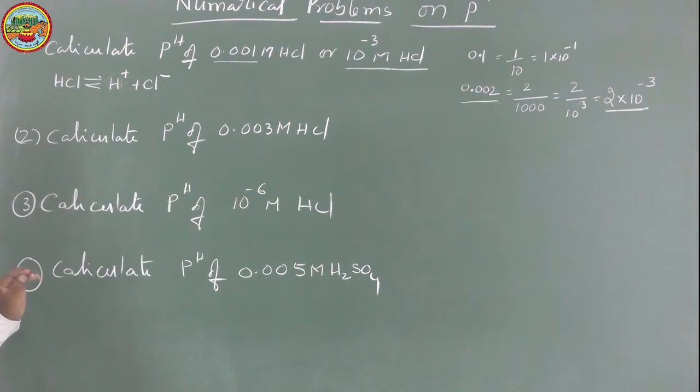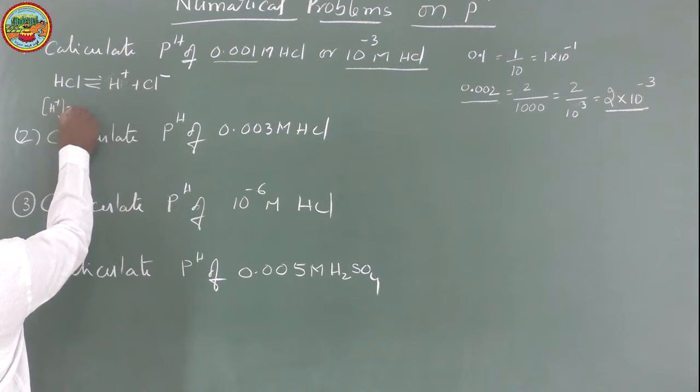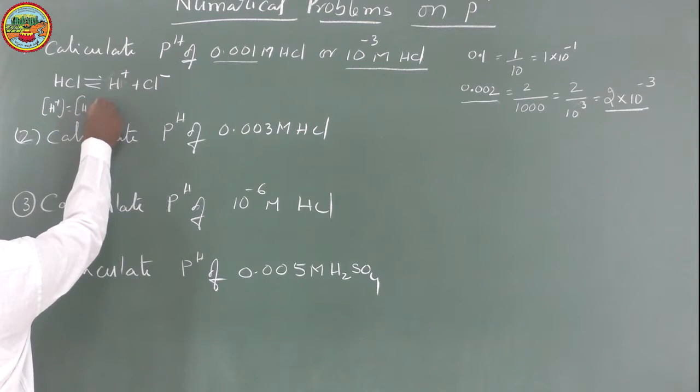In strong acids, particularly in monobasic acids, the concentration of H plus ions is almost equal to the concentration of that acid. That is, the concentration of H plus ions in this problem is equal to the concentration of HCl.